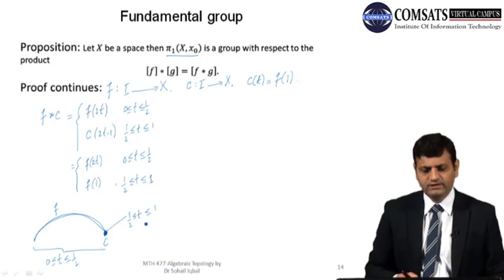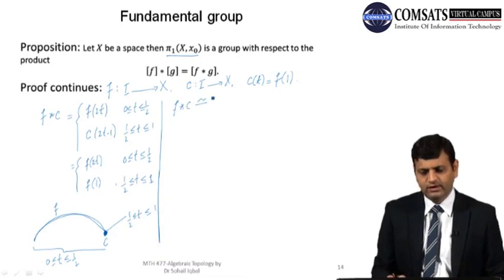We have seen that if we have two paths which are reparameterizations of each other, then they are homotopic. So we can say that f star c is homotopic to f, and once again when I'm writing down the homotopy, it means relative homotopy with respect to I dot, which is equal to the set {0, 1}.